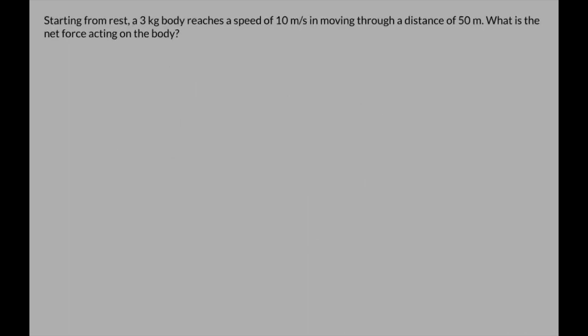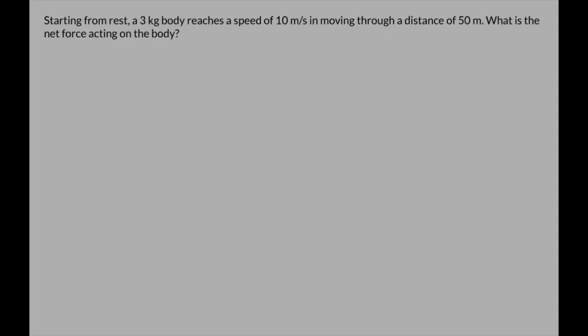Here's another one. Starting from rest, a 3 kilogram object reaches a speed of 10 meters per second in moving through a distance of 50 meters. What is the net force acting on the object? All right, once again, you're asked to find the net force, and the only formula you have is mass times acceleration. The mass of the object is already given, which means you've got to find acceleration.